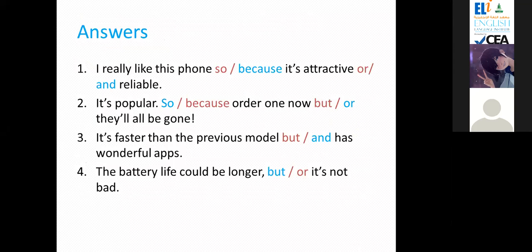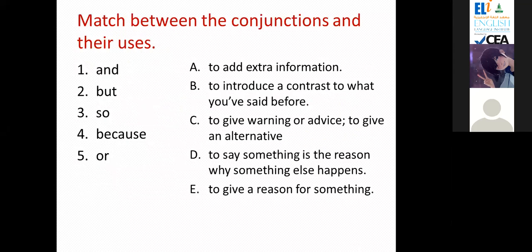So what do we mean by the conjunctions? Okay, here is a light activity to match the conjunctions and their uses. On your left hand we have the conjunctions, from 1 to 5, and on the other side from A to E, the uses.